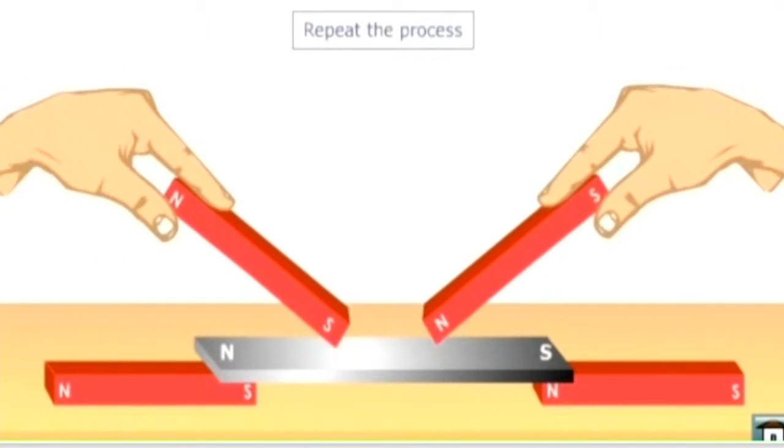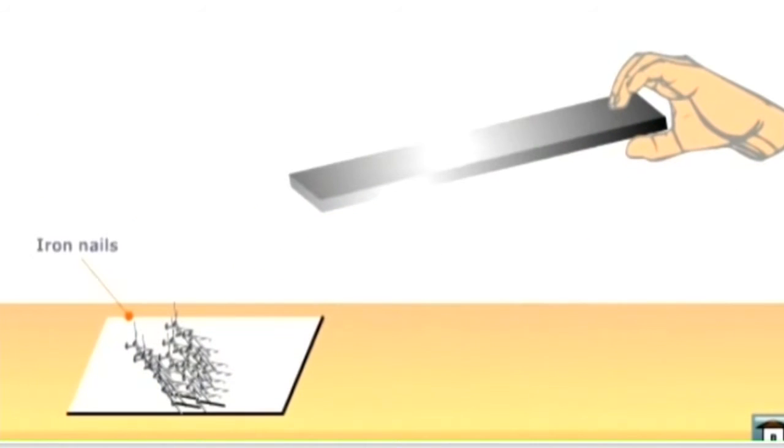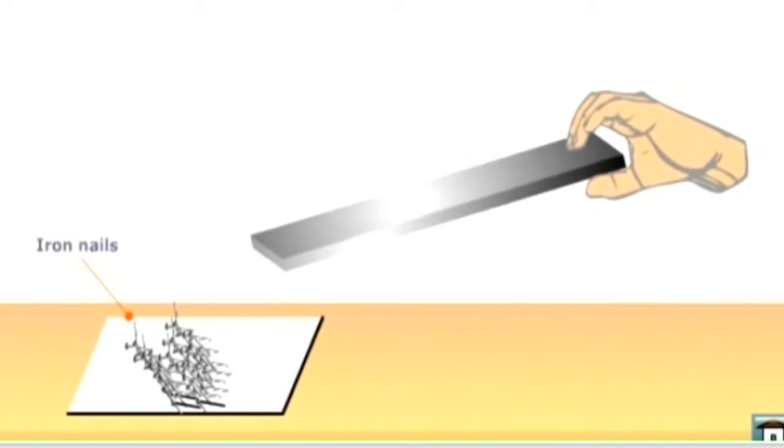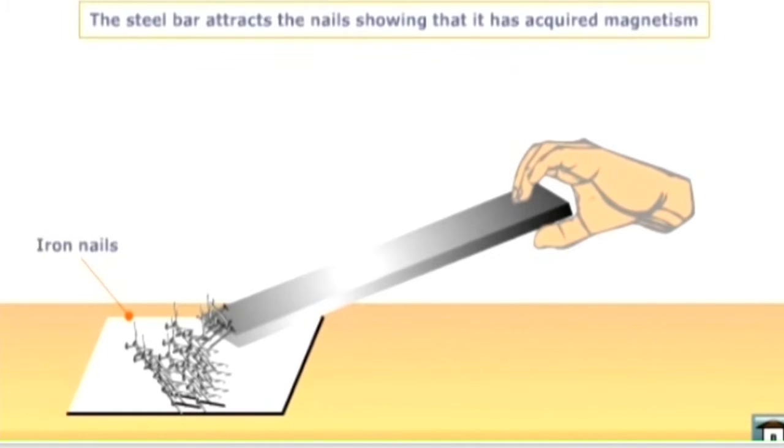At the end of it all, you realize the poles are going to be opposite. The bar is now able to attract iron material. The steel bar attracts the nails, showing that it has acquired magnetism. That method is called double touch.